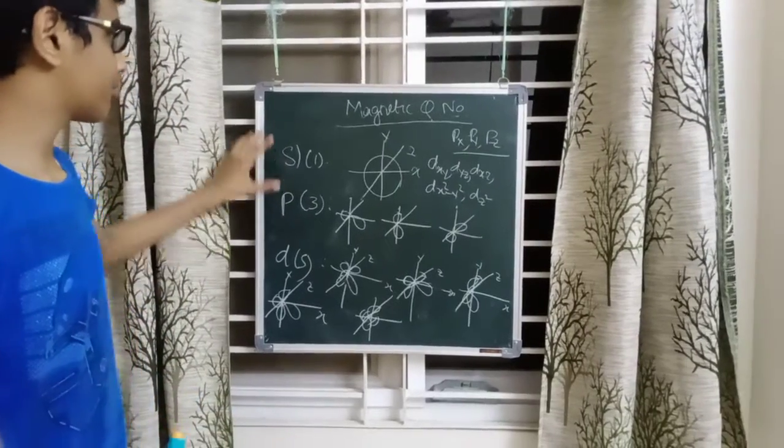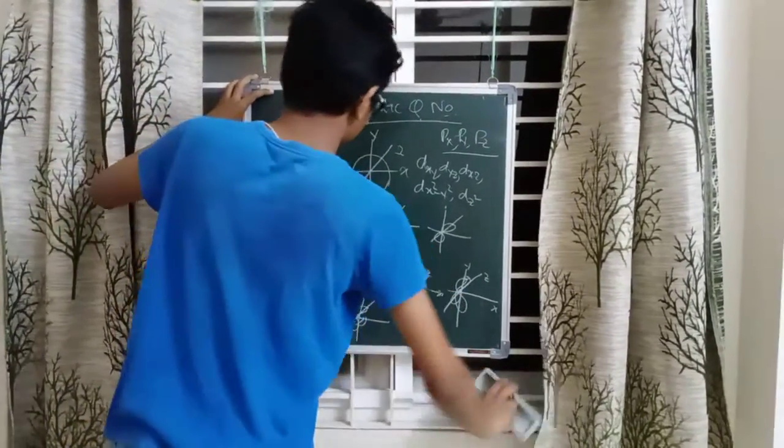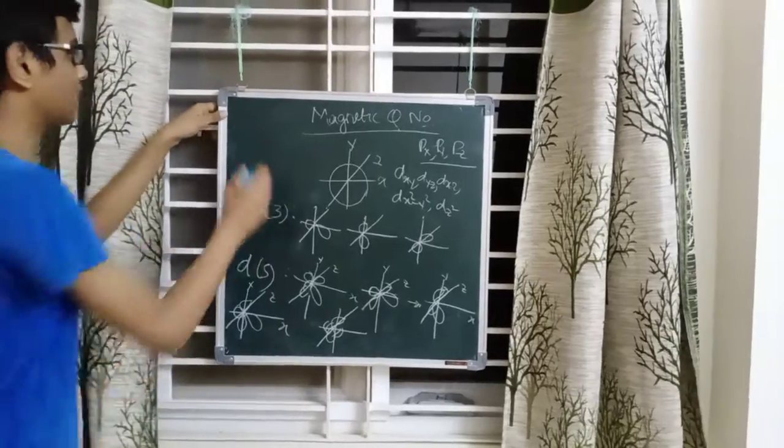Coming to f, I'm going to write it here. F has 7 values.